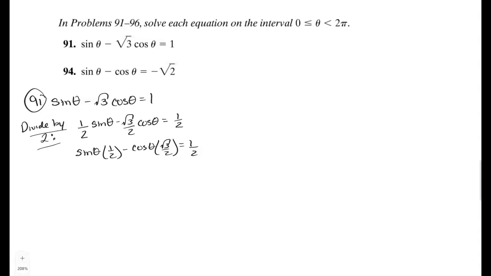When you divide by 2, you've got to divide every single term by 2.